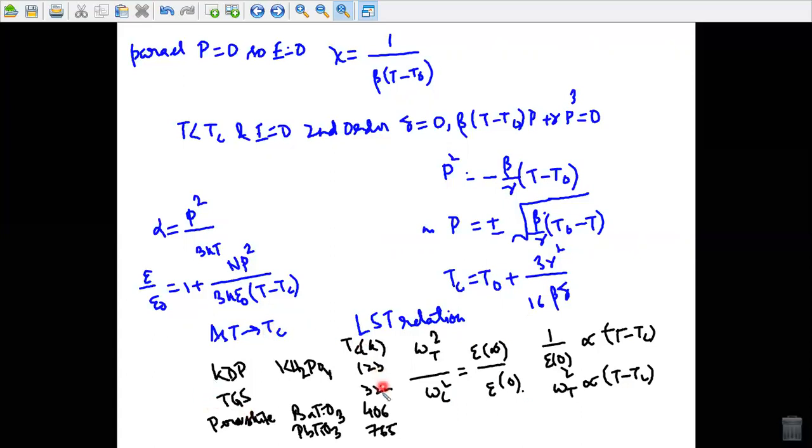So these are typical selected ferroelectric crystals in the table, where KDP, KH2PO4, has a transition or Curie temperature of 123 Kelvin, triglycine sulfate 322 Kelvin, and perovskite structures like barium titanate, lead titanate, or lithium niobium oxide have 406, 765, and 1483 Kelvin.